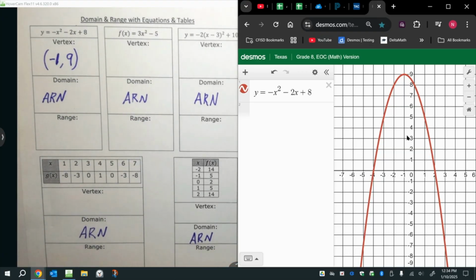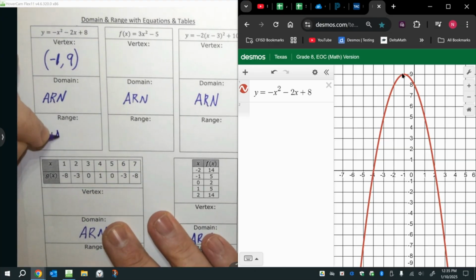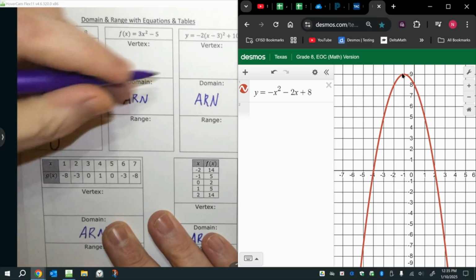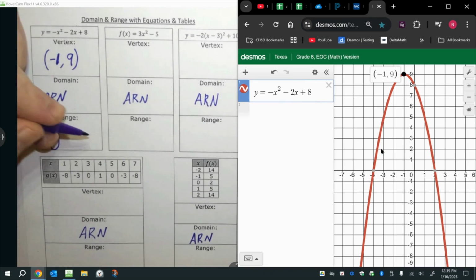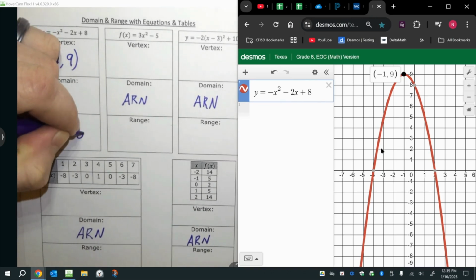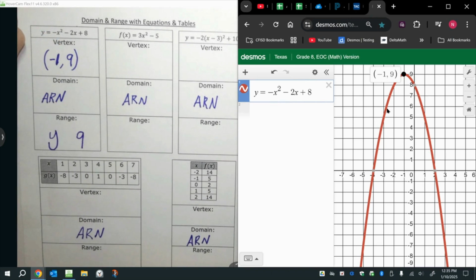All right, so what's the range going to be? Well, the range, if you notice, the graph gets to 9. This 9 is the same 9 that's here. And all of these values are all less than 9.